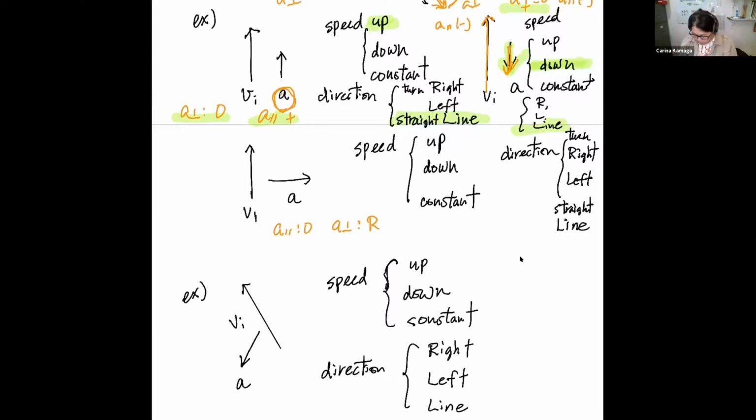So it's going to be at the same constant speed. If you don't have any parallel component to the motion, speed is constant. However, there's a perpendicular component, and the motion is this way, and it's pushing to the right of the motion, so it's going to turn right. That's going to be the answer.